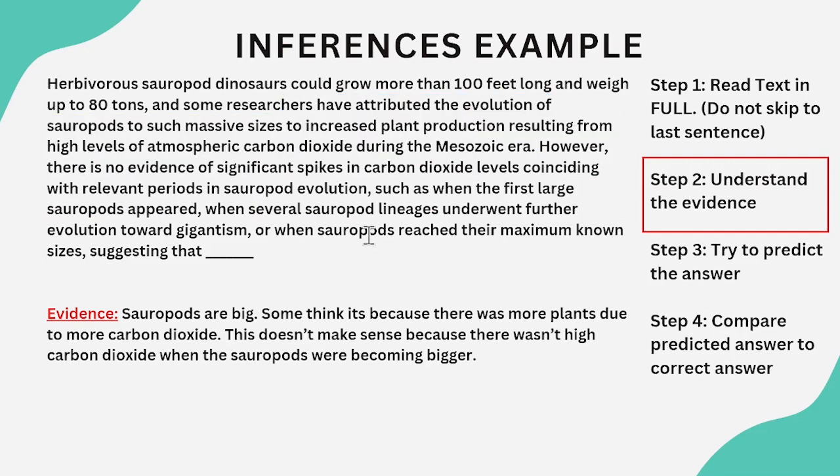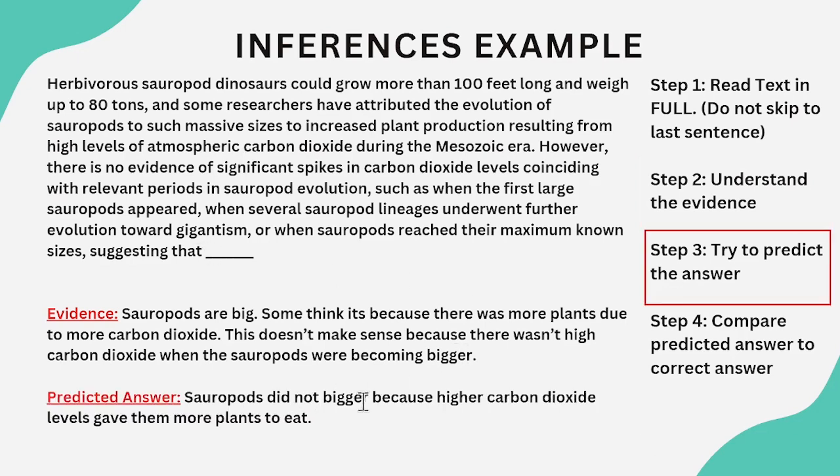So we're going to be suggesting that this claim is wrong, right? We're going to suggest that sauropod evolution of becoming big was not due to the increased CO2. So that's what we're going to make our guess to be, essentially. Sauropods did not get bigger because higher carbon dioxide levels gave them more plants to eat. There we go. And now we can find an answer that speaks to that point.